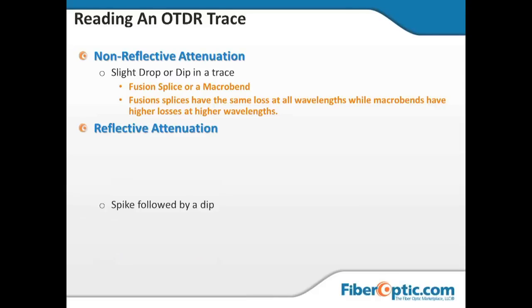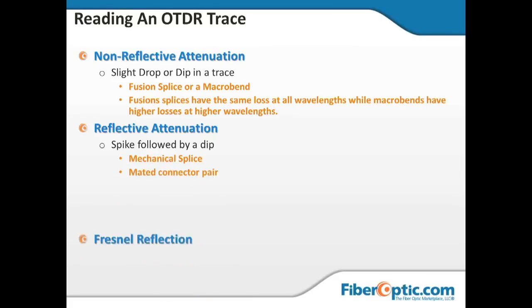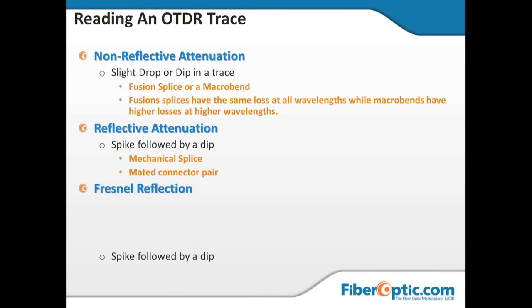Reflective events, that's that spike followed by a dip. It is a mechanical splice or a mated pair of connectors. And Fresnel reflection, I put this in here because sometimes you'll hear reflective events, sometimes you'll hear someone talk about a Fresnel reflection. Truth is, they're the same. Fresnel reflection is, I guess, the fancier term, for lack of a better word.